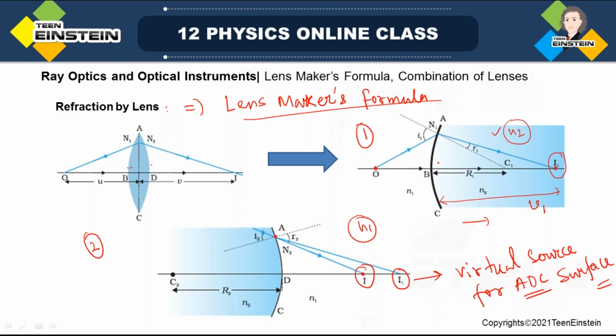Let us say the image distance is V1 from the optical center of the lens. This real image is formed in medium n2. Just note this point, this is important.